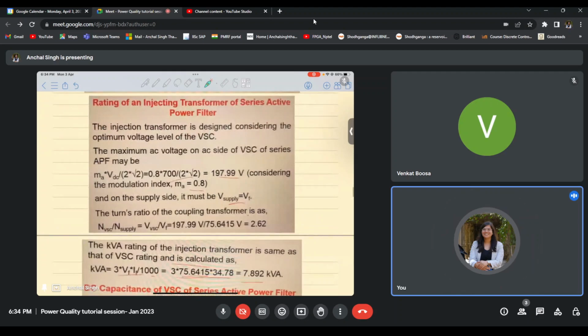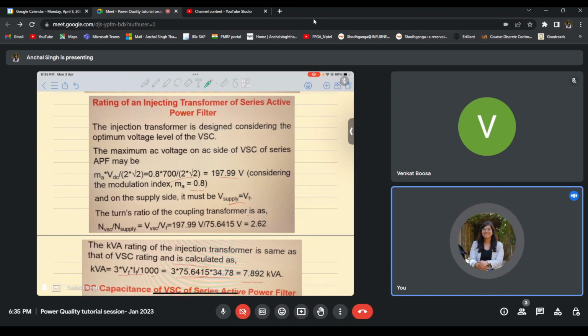Now, the next step in the design process is deciding the rating of the injection transformer of the series active power filter. You can call it an injection transformer or a coupling transformer. In the design of this transformer, the two important things that you need are the voltage rating on the primary and secondary sides of the transformer and the turns ratio of the transformer.